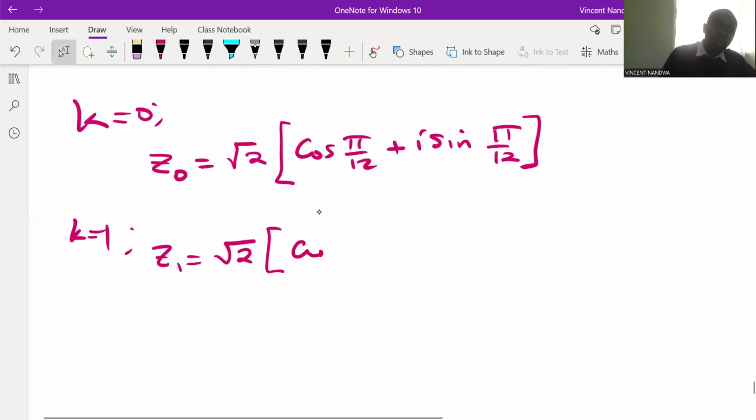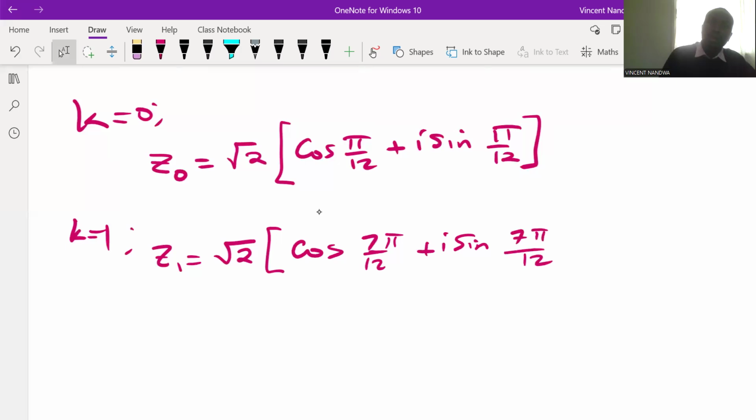So I have cosine of 7 over 12 pi plus i sine 7 over 12 pi. Then you can actually give the numerical values of this and write the complex number.